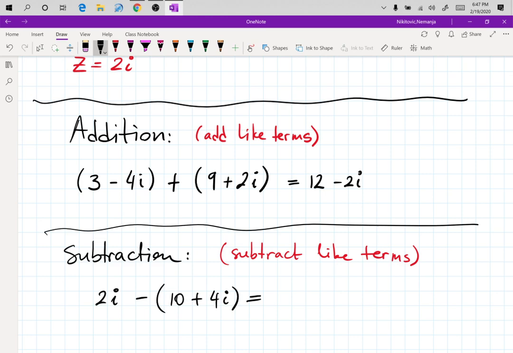Negative 10 minus 2i. Perfect. When we distribute the minus sign, we'll go to 10 and to 4. So we'll have 2i minus 4i. That's negative 2i. And we also have negative 10. So there we go. Great.